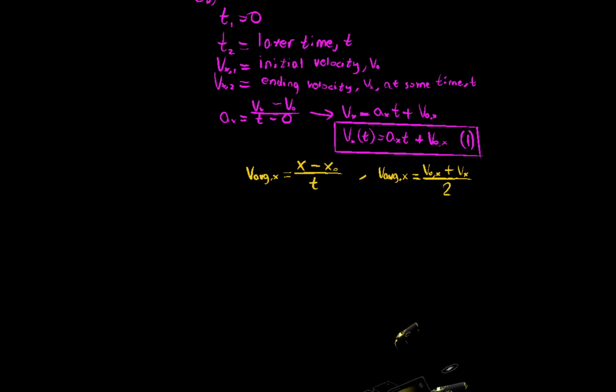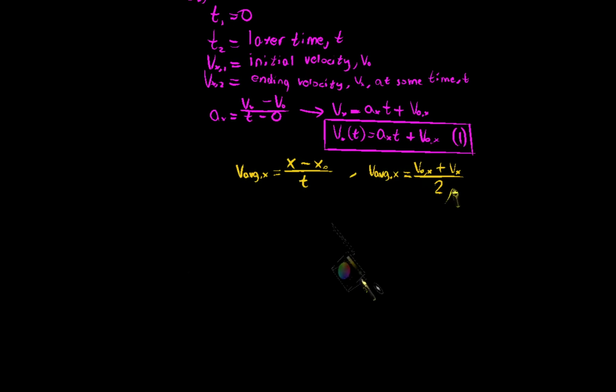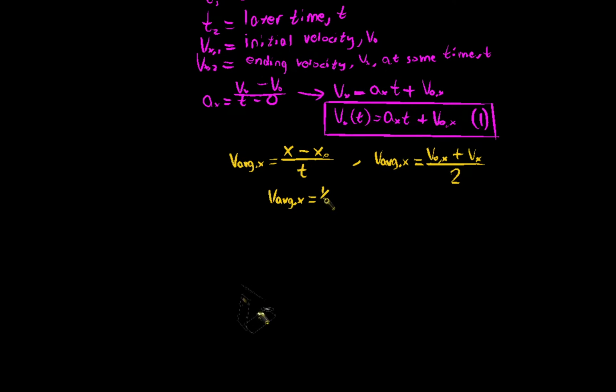So if we take our first equation that we came across, equation 1, and sub that into this Vx here, then we get v average in the x direction is equal to 1/2 (axt plus 2 v naught in the x direction).